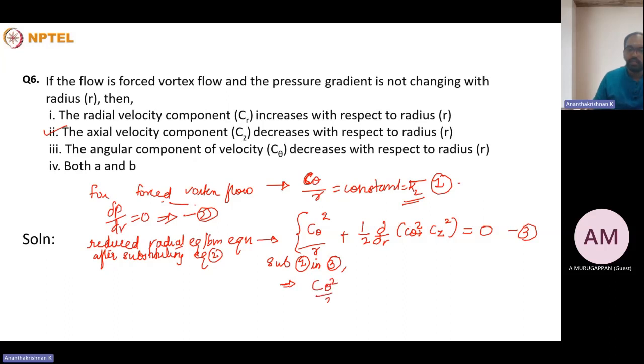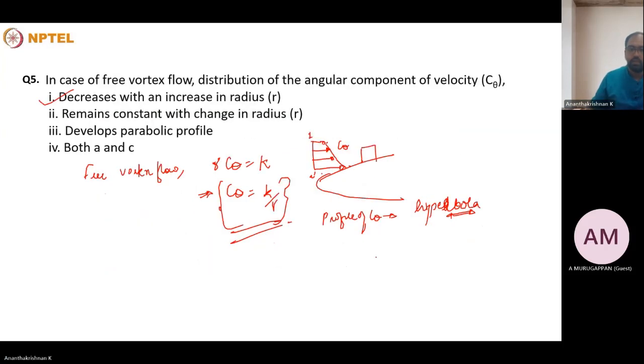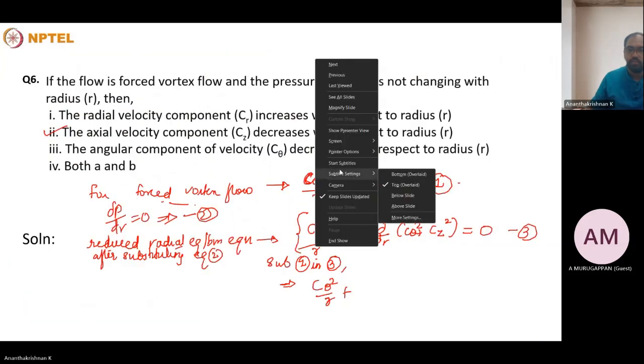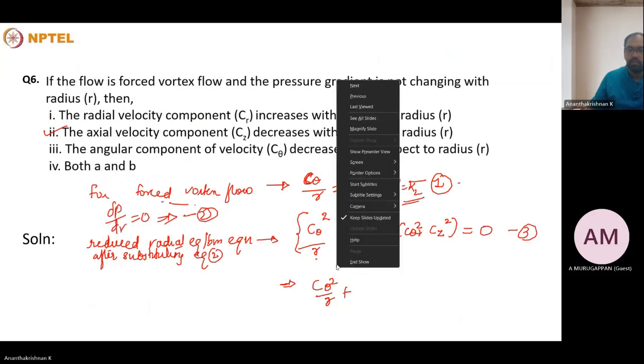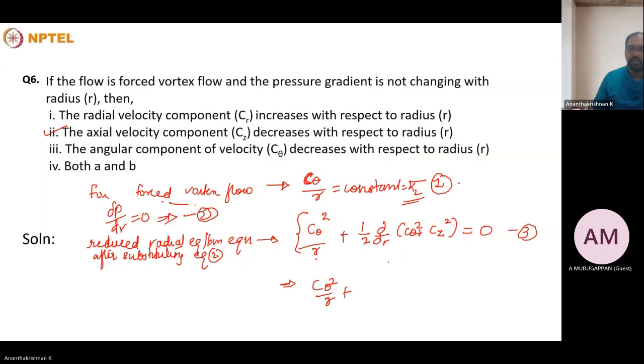So this will be C theta squared divided by r, and this can be written as 1 by 2 into d by dr of C theta squared plus 1 by 2 into d by dr of Cz squared equal to 0.